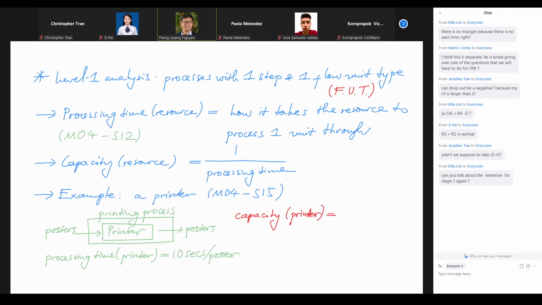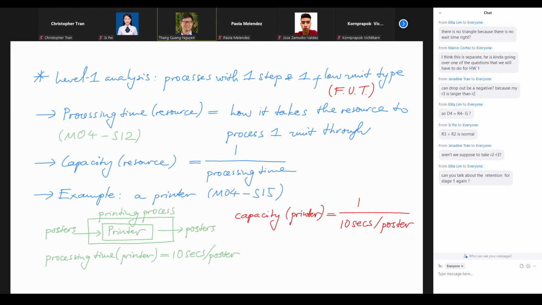The way to calculate it is we just use that equation. We flip the processing time, then we find the capacity. All right, so let's flip it. We take 1 divided by 10 seconds per poster.